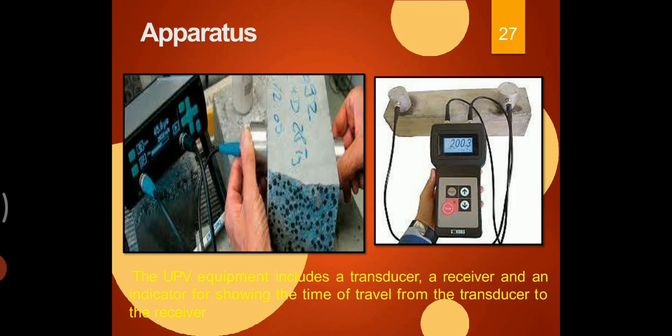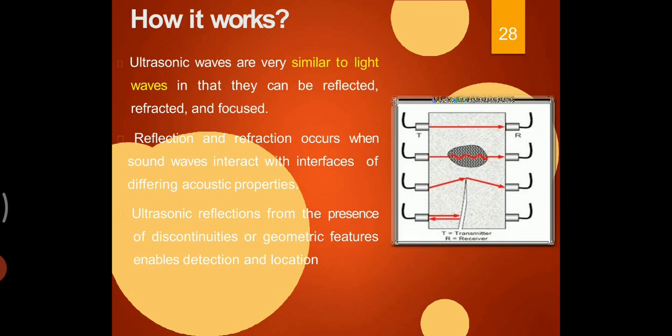This is the schematic view of the UPV equipment. It includes a transducer, a receiver, and an indicator for showing the time of travel from the transducer to the receiver.